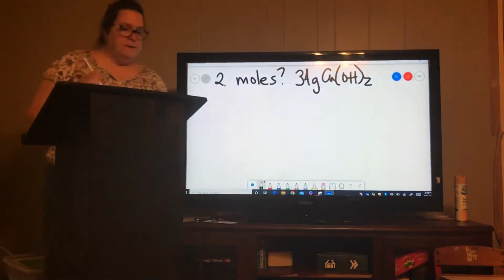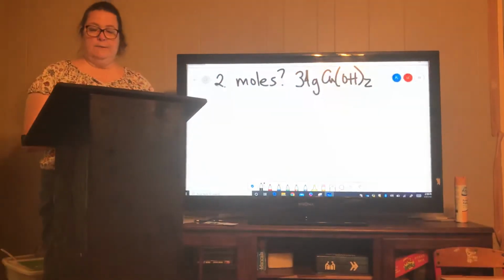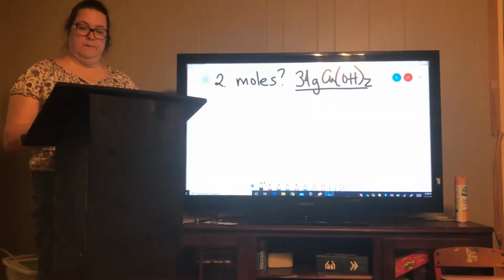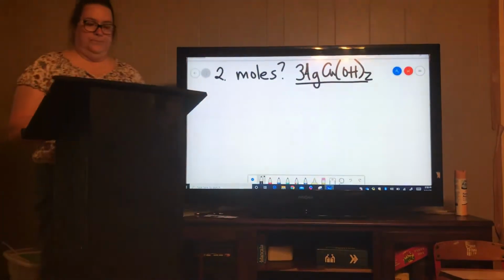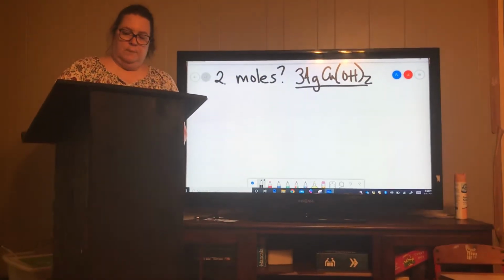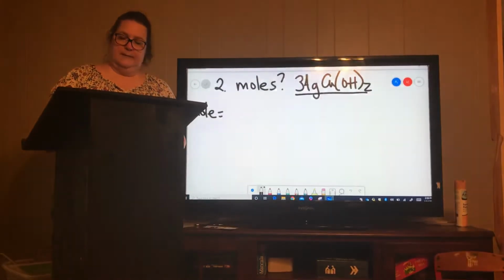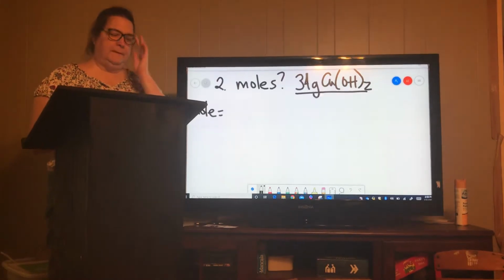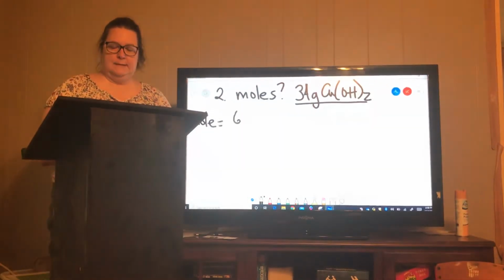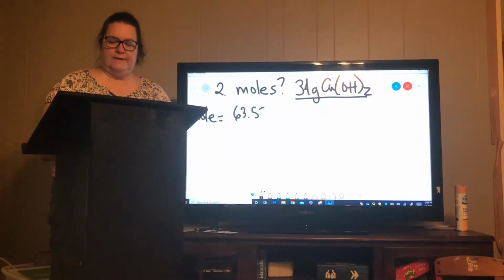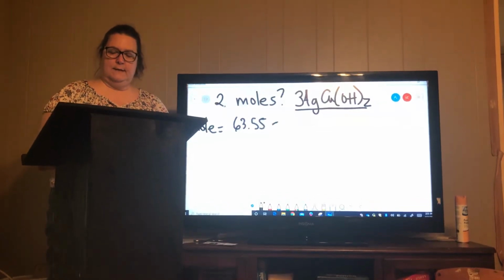The first thing I've got to do is figure out the molar mass for that 1 mole. Copper, if I look it up on my periodic table, is 63.55. Okay, that's the copper.